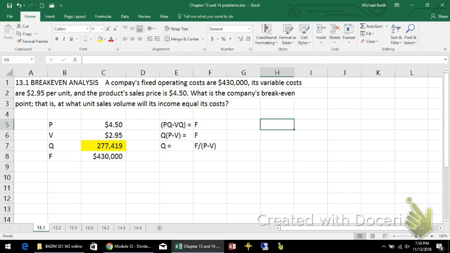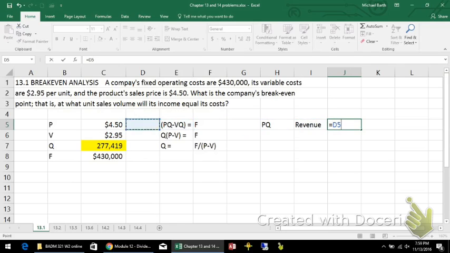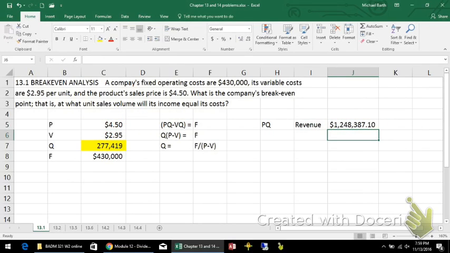Alright, so if I do the PQ, that's revenue. And that would be equal to $4.50 times the 277,000 units. Alright.